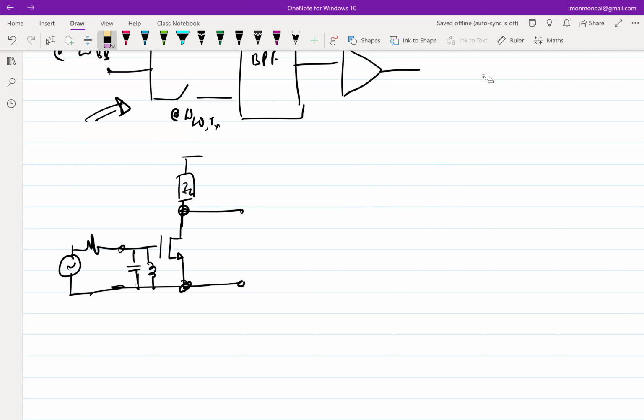We have summarily neglected gate resistance in most analysis, except for some noise analysis, right? But in a PA, that becomes an issue. Even a couple of ohms of resistance can be a big issue when you're talking about very high power.